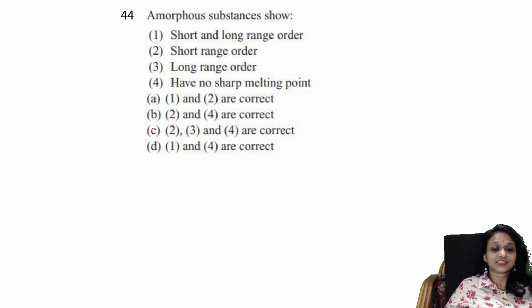44th question. Amorphous substances show. Carefully you should read. Short and long range order, short range order, long range order, have no sharp melting point. So please be careful with this. Just check amorphous substance. Observe carefully. They show short range order because they are irregular in nature.